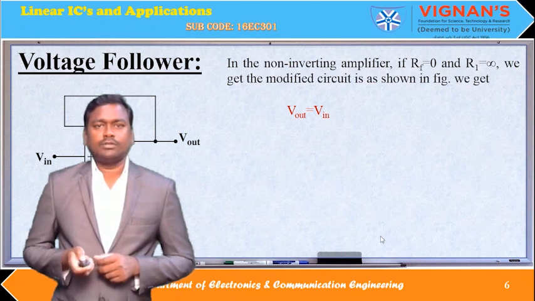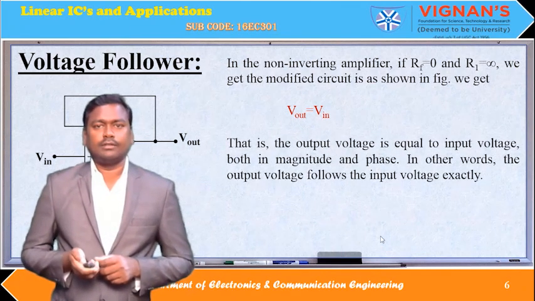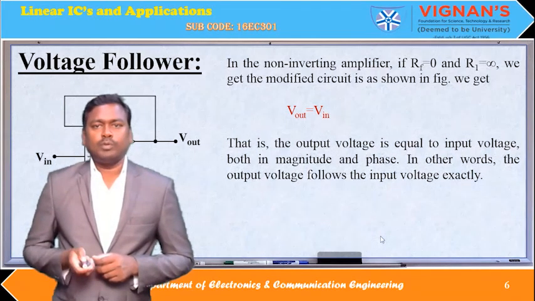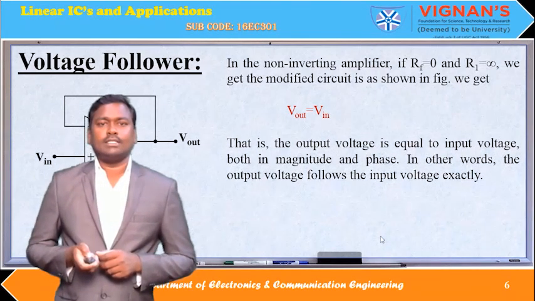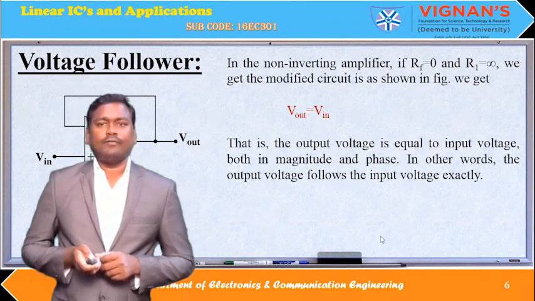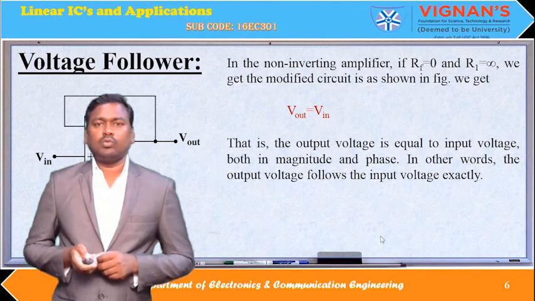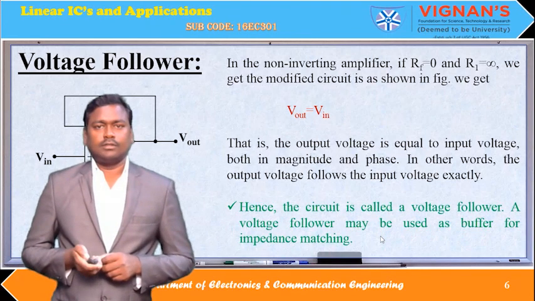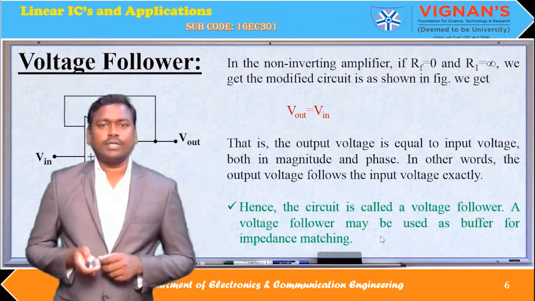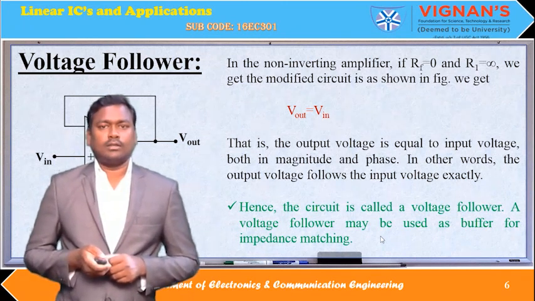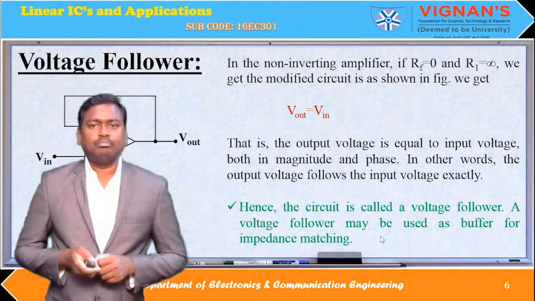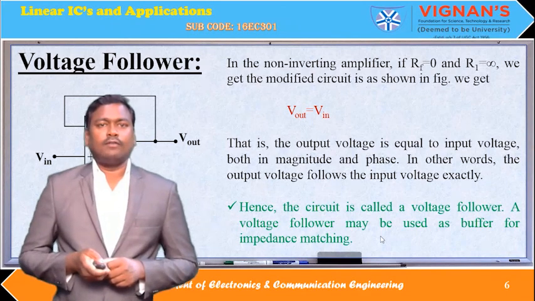For this circuit, output equals input, Vout equals Vin. The output voltage is equal to the input voltage both in magnitude and phase. In other words, the output voltage follows the input voltage exactly. Hence, the circuit is called a voltage follower. A voltage follower may be used as a buffer for impedance matching.